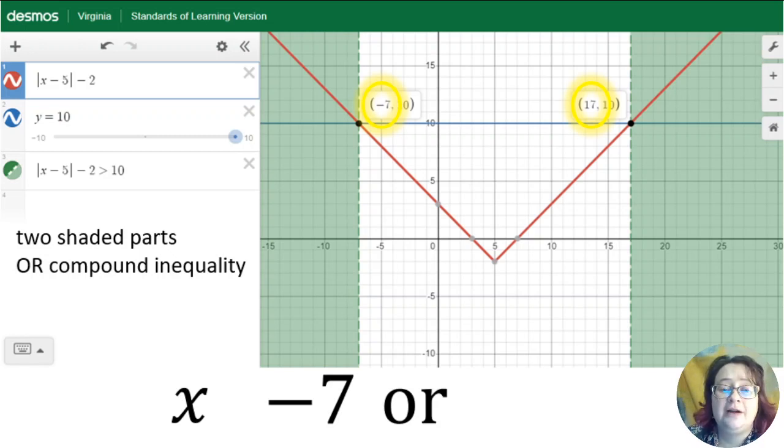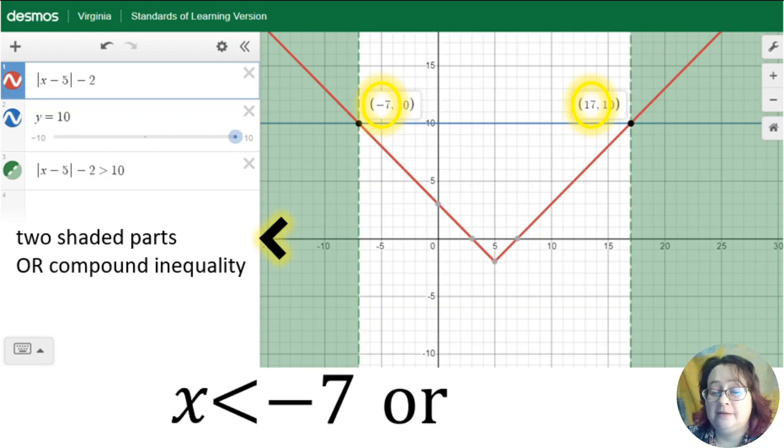If I were to draw an arrow showing the direction it's shaded in, that's going to match my inequality symbol. And you notice we have a dotted line in the graph, and in our original inequality, we have no line underneath, which means we're not going to have a line underneath it down here either. And it matches the direction of that arrow that I drew on the shaded part.